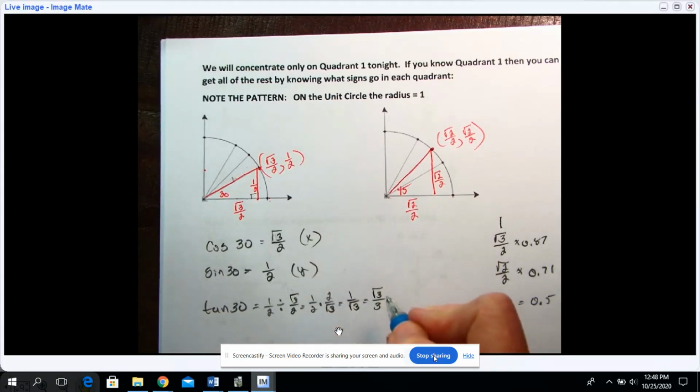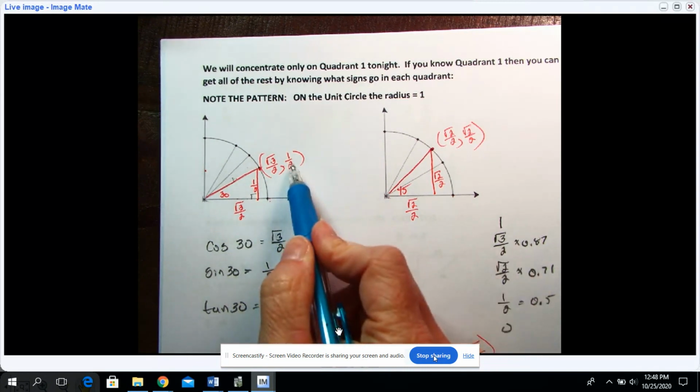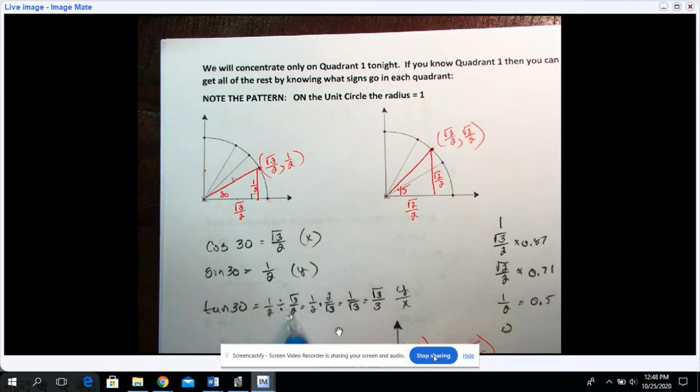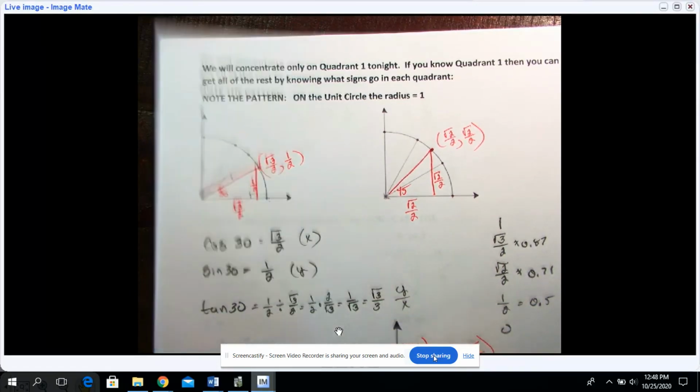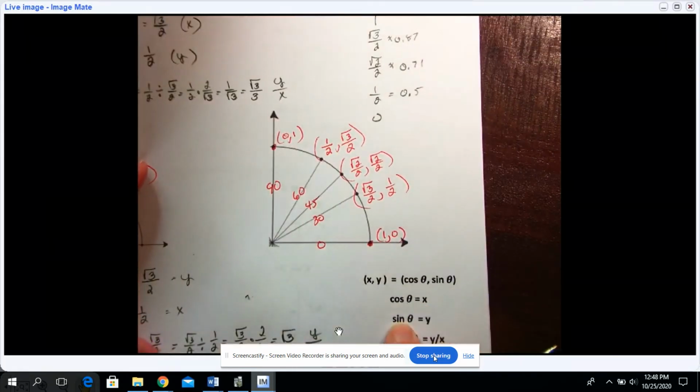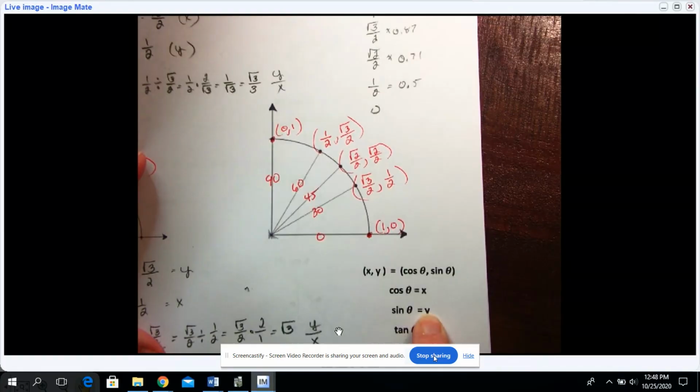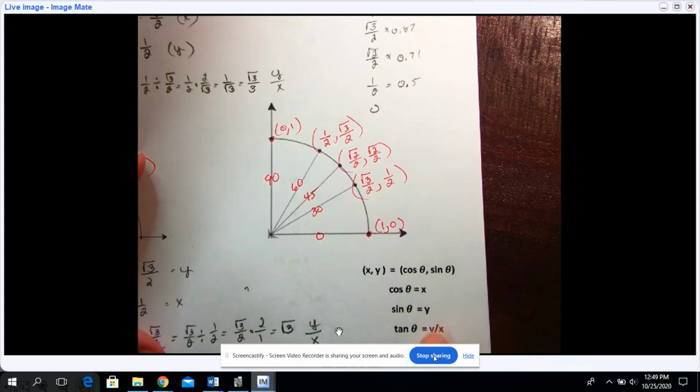And I literally just did y over x, and I end up with that same thing. So again, cosine is whatever the x value is on the coordinate. Sine is whatever the y value is on the coordinate. And tangent would be the y coordinate divided by the x coordinate. So this is something that you definitely need to know.